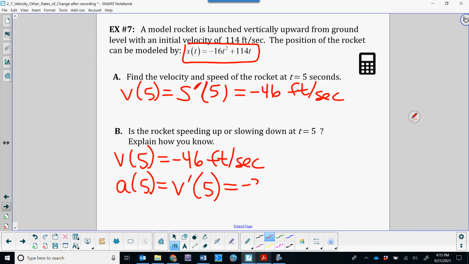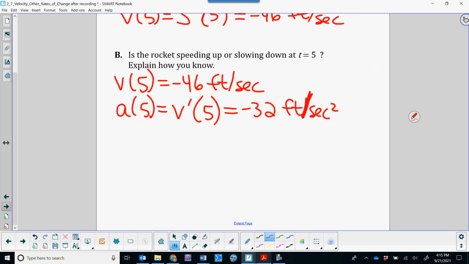We do it in the calculator and we get negative 32 feet per second squared. It's acceleration. So what would we conclude there? Well, velocity is negative, acceleration is negative, therefore we would answer the question at t equals 5.